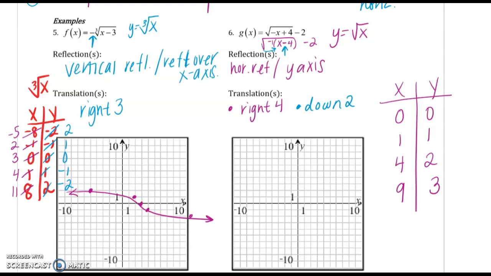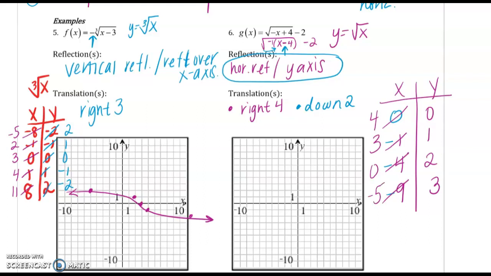Okay, so let's see. This is going to be a horizontal reflection, which is going to affect the x value. So I'm going to make all of these negative. And again, making 0 negative doesn't really do anything. So now what we've done is we have flipped everything horizontally, right? So now it's kind of on the left side of our graph instead of on the right. Now we're going to move everything to the right 4. So all I'm going to do is add 4 to all of these. 4, 3, 0, negative 5.